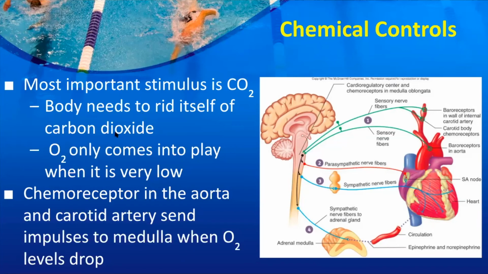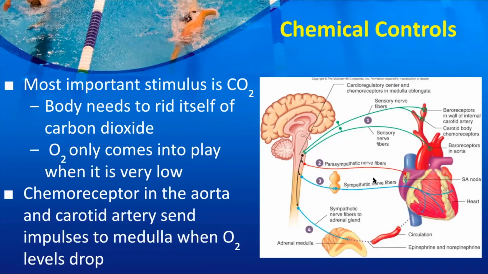So when the body needs to rid itself of carbon dioxide, you're going to breathe more quickly to get rid of that CO2. And if you need to let CO2 accumulate, you'll breathe more slowly, and that'll give it a chance to build up. So again, in the worksheets, you might have chosen to do some BioZones, and it's going to investigate this a little bit.